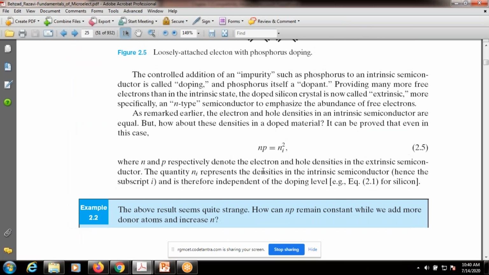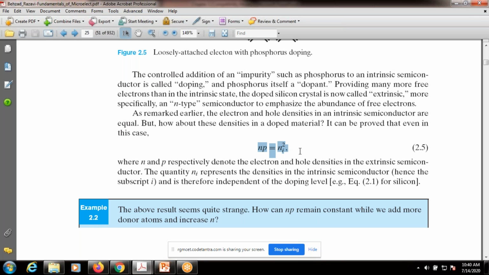Suppose I introduce a very huge number of phosphorus atoms. Then this huge number of electrons recombine with almost all holes in the silicon material. Then what happens? The hole count becomes zero. Now what about the mass action law? If P is equal to 0, that means it is not satisfied.